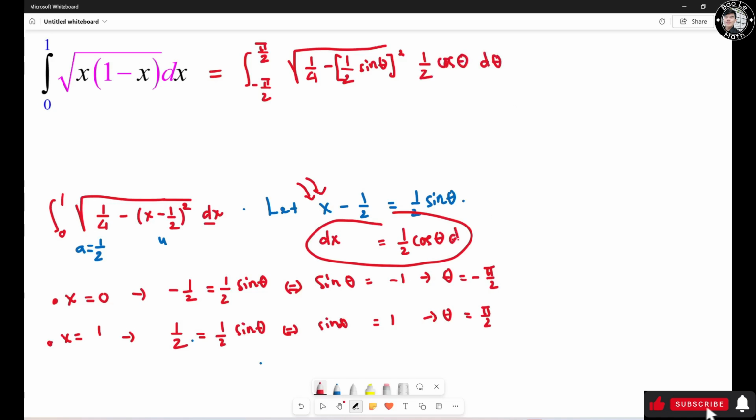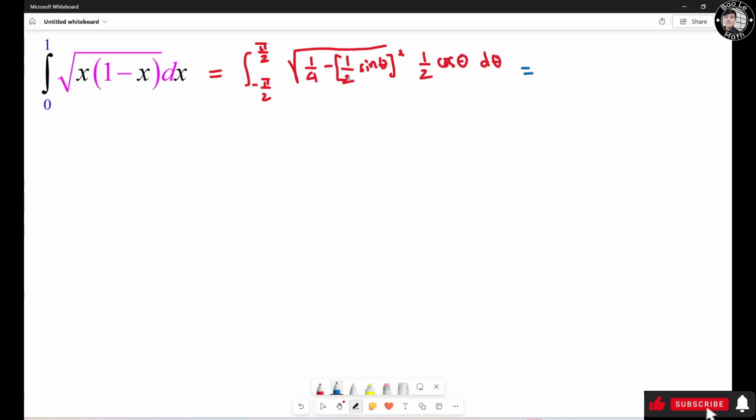I forgot d theta here. 1/2 squared is going to be 1/4, so I put this as 1/4 and this one squared, so I remove the square root right here. Now I factor 1/4 out and bring it outside the square root. It turns out to be 1/2, and the 1/2 right here and the 1/2 right here become 1/4, so I put 1/4 in the front.